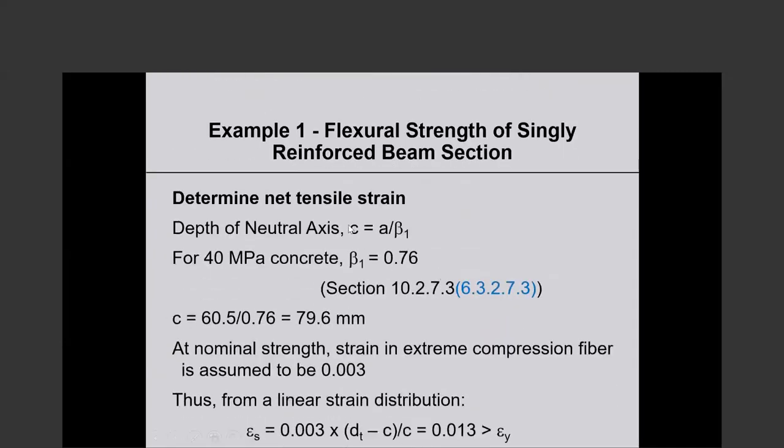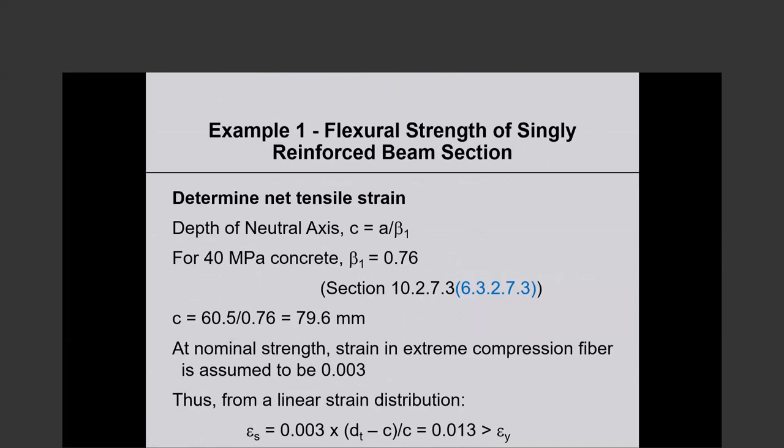The neutral axis depth is stress block depth divided by beta sub 1. Remember, the stress block depth is beta sub 1 times c, the neutral axis depth. Beta sub 1 varies between 0.85 up to 28 MPa, and after 56 MPa, it levels off at 0.65.